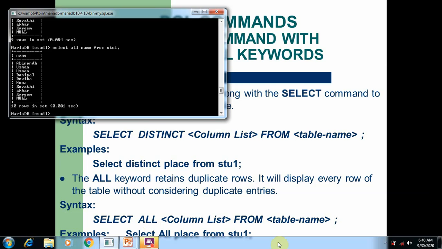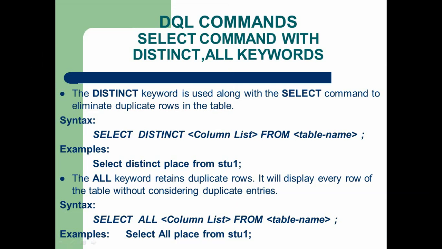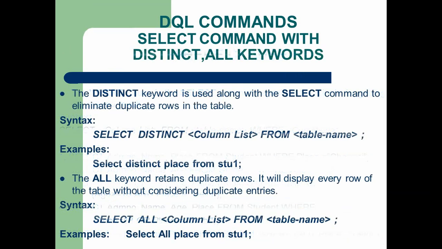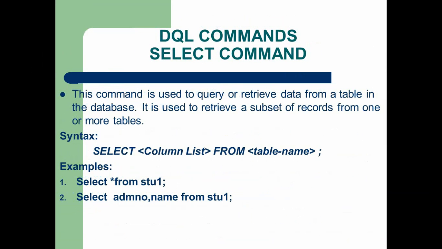So the next command is the select command with the where clause. We already saw how to use the select command in the previous topic, where we used to view particular columns from the table. In this command we display all the columns from the table.